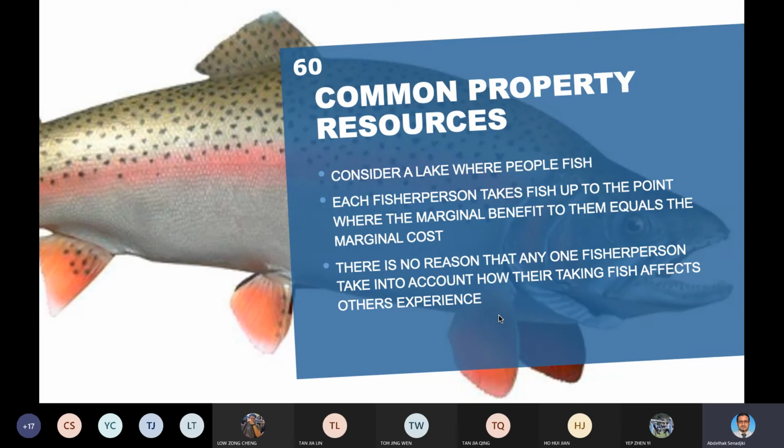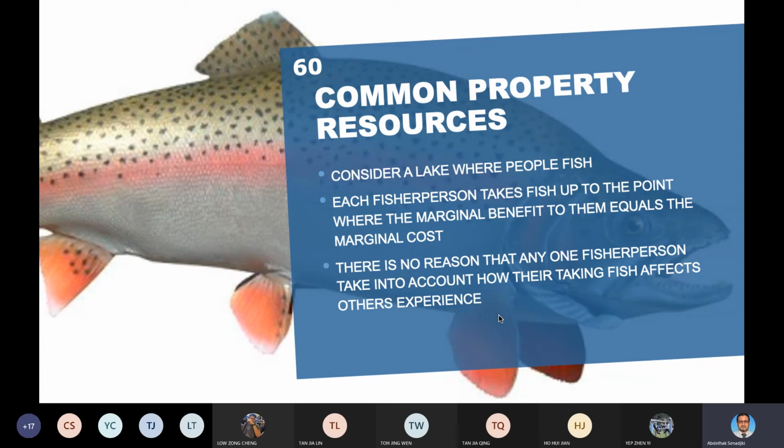There is no reason for any fisherman to take into account how their taking fish affects others' experience. When I fish so much to balance my marginal cost, I will not consider the negative externality that I impose on others.